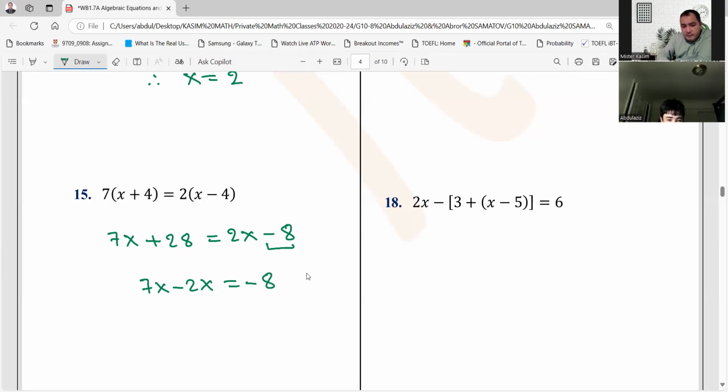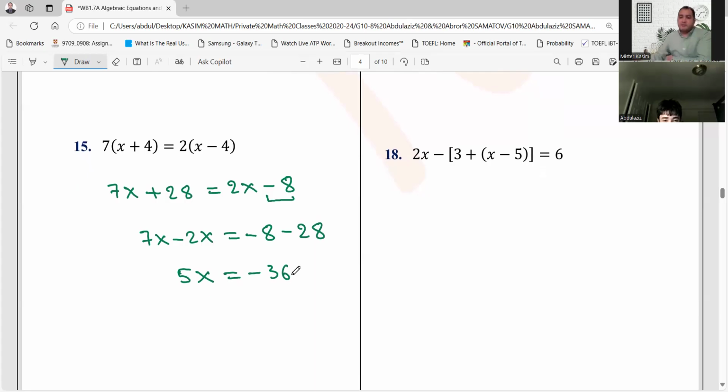-8 minus 28. 5x equals -36, right? Because both numbers are negative numbers.